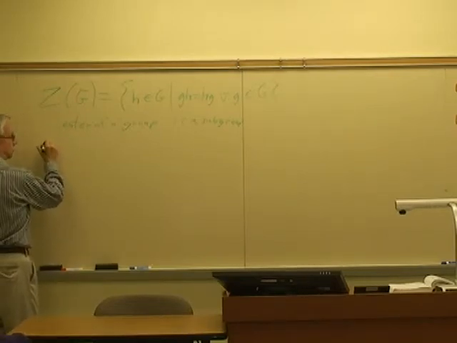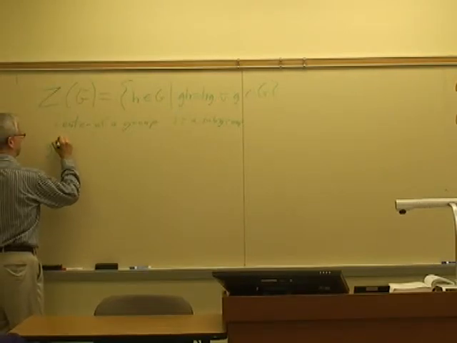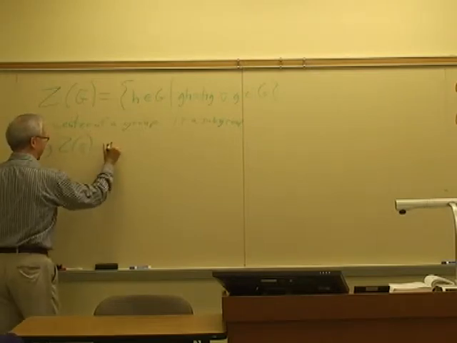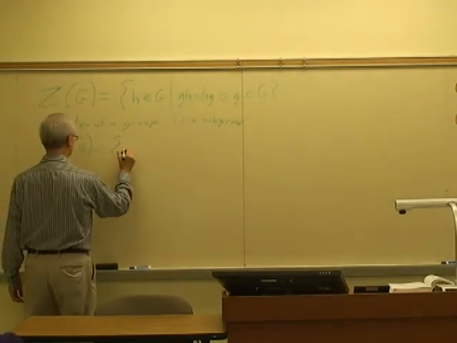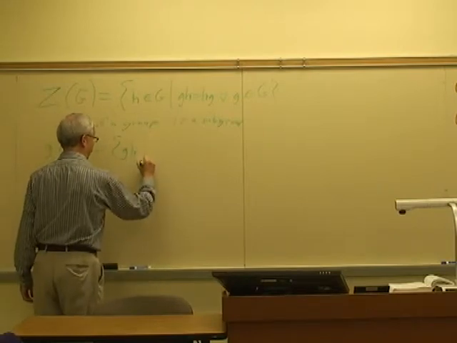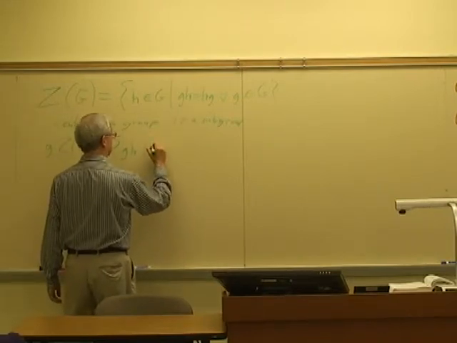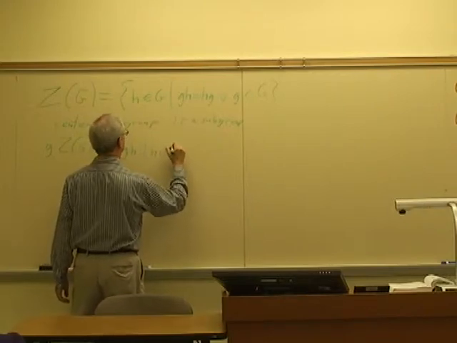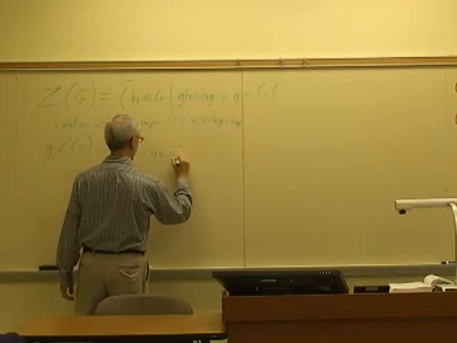If I do G, Z of G, that's by definition the set of all GH such that H is in the center.